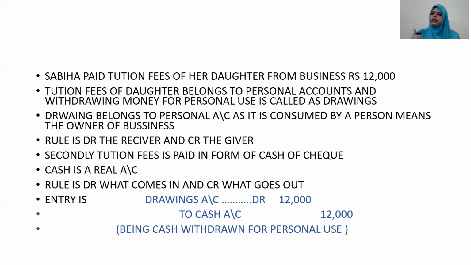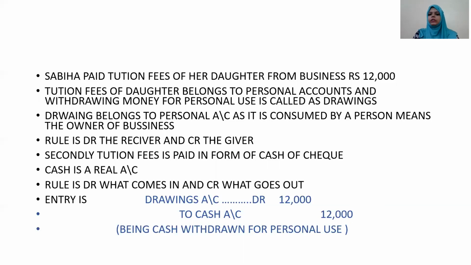If I pay tuition fees of my daughter, it is for personal use, and withdrawing money for personal use is called drawings. Drawings belongs to the personal account as it is consumed by a person, means the owner of the business. So the rule is debit the receiver and credit the giver.